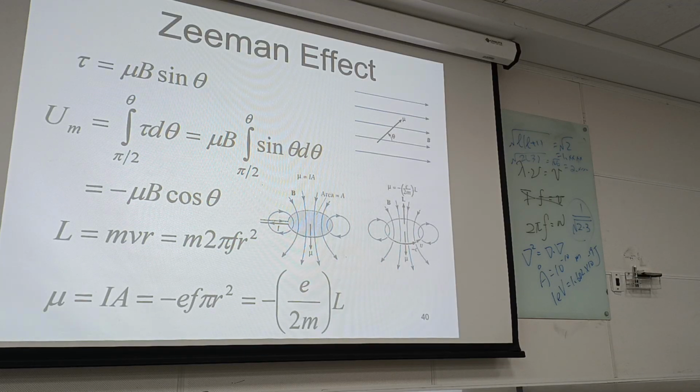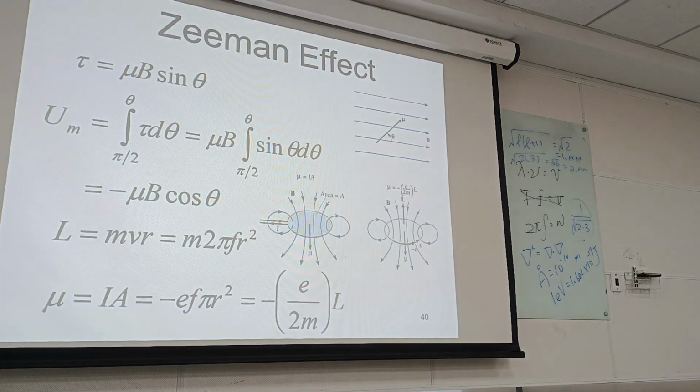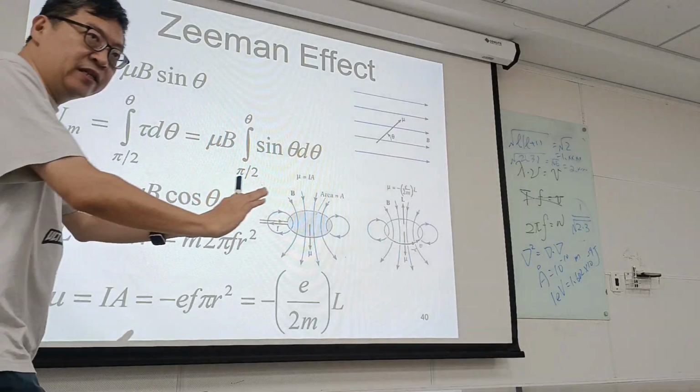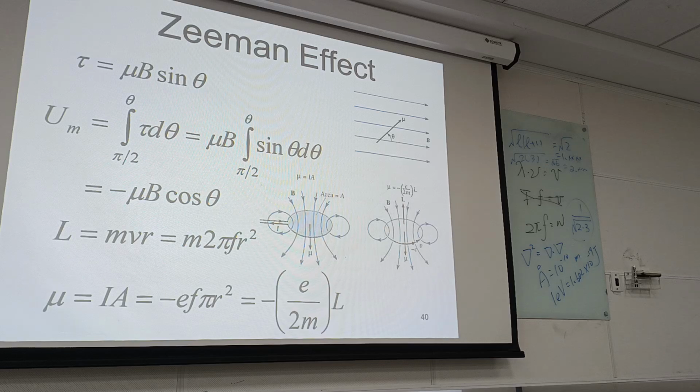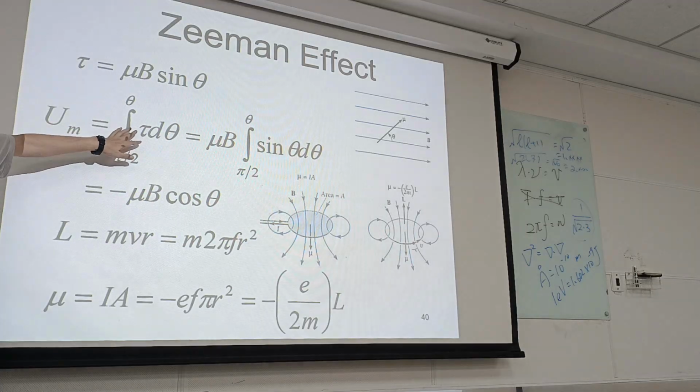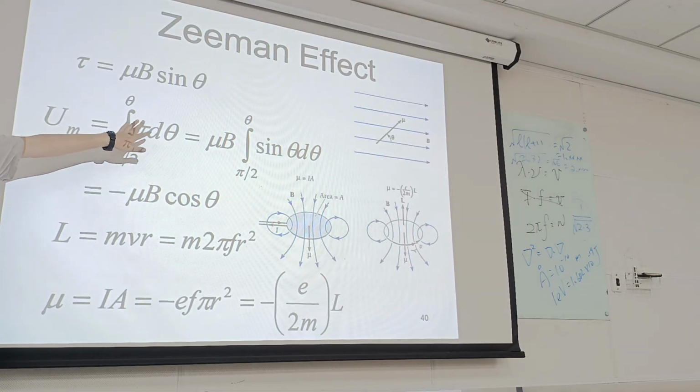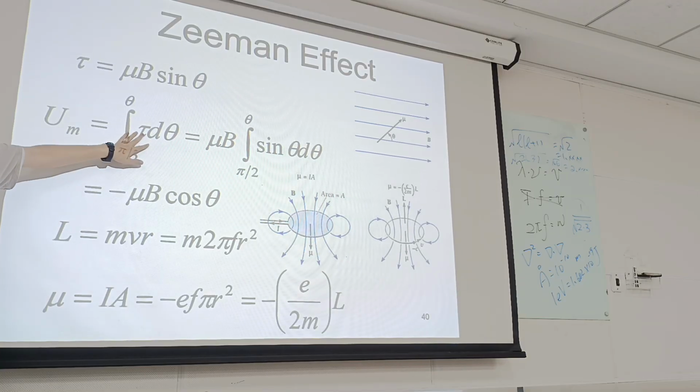And what is U? U equals the integral of tau d theta. If I have a linear motion, the potential energy equals force times displacement. But this is rotational motion, so we use torque to replace F and theta to replace the displacement.